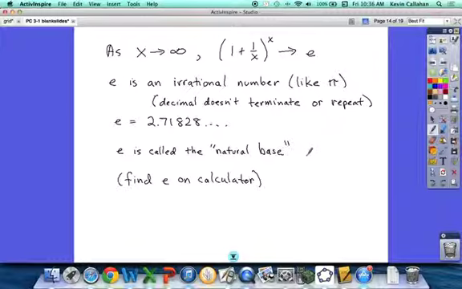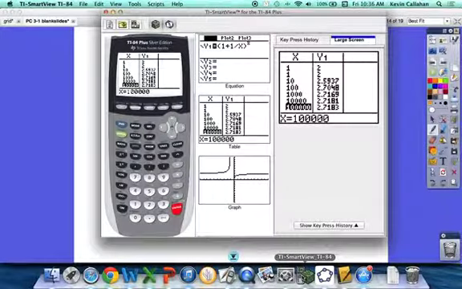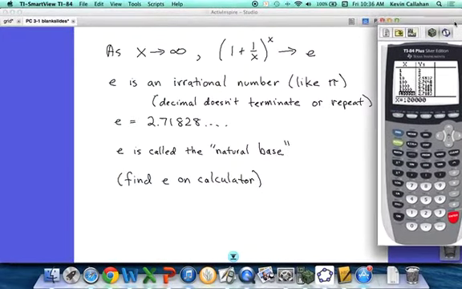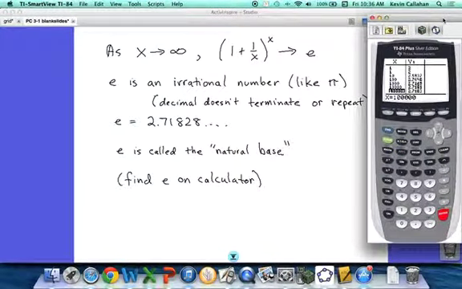And if you look at your calculator, you find the pi on the caret, whatever you call it, over here. You can't see it on my screen, but that's where the pi is. Look on the button right down below it. There's your e.